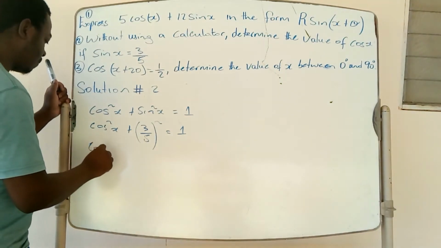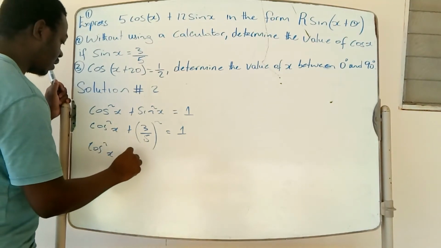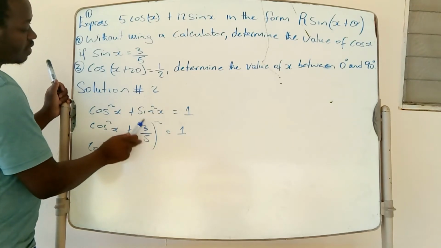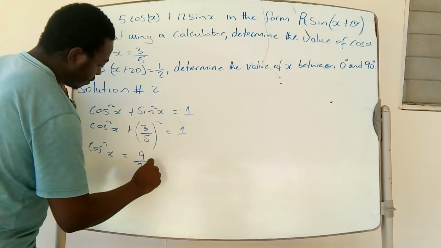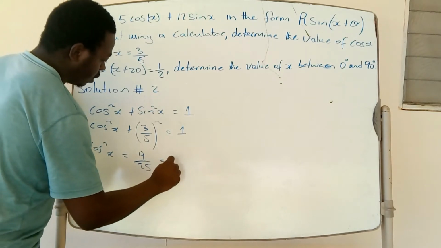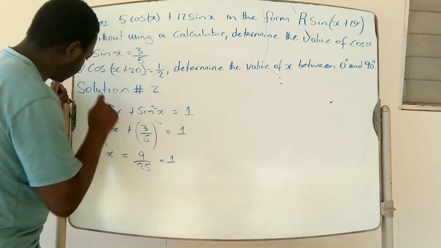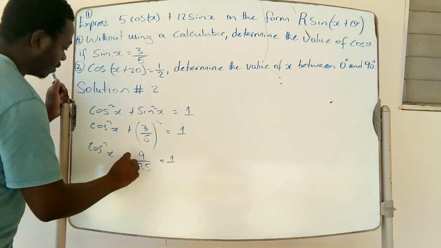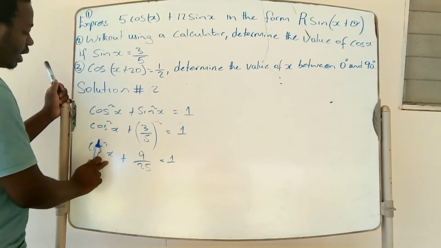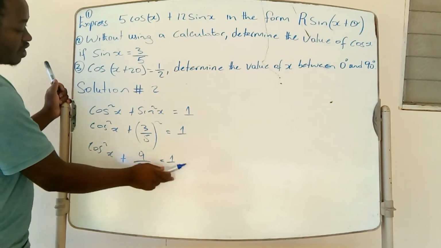So cos squared x is equal to 3 over 5 all squared. That gives you 9 over 25 equal to 1. Right? It's supposed to be plus, sorry. So cos squared x plus 9 over 25 is equal to 1.